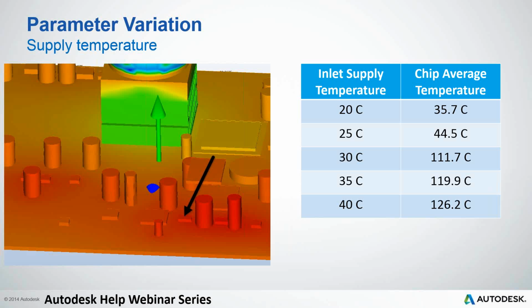I found this pretty crazy, but I looked at my mesh, ran it for more iterations, looked at the surrounding chip temperatures, and I really do believe the results. What's going on here is the flow pattern is changing, and we're getting a super high temperature, which is pretty cool.